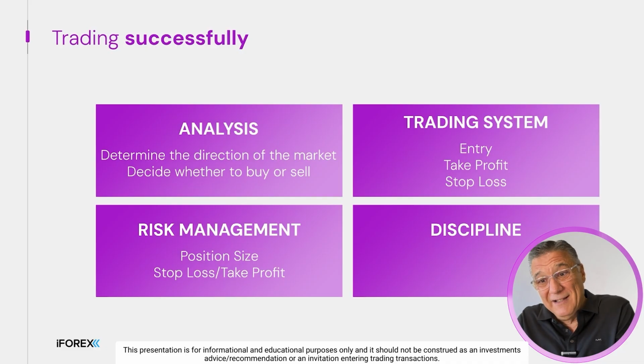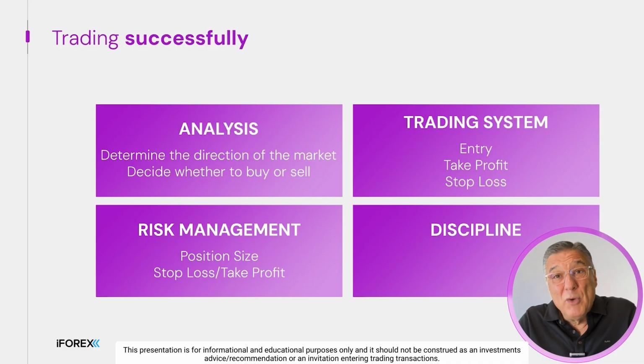Are we going to sell? Right? Are we going to book our profit or are we going to exit with a small loss? So a trading system will let us know when we enter the market, either with a buy or sell order, and when we exit, either with profit or a small predetermined loss.